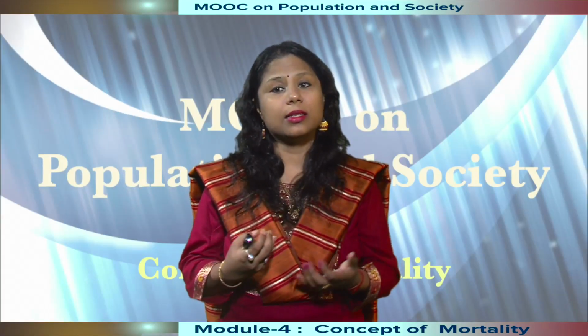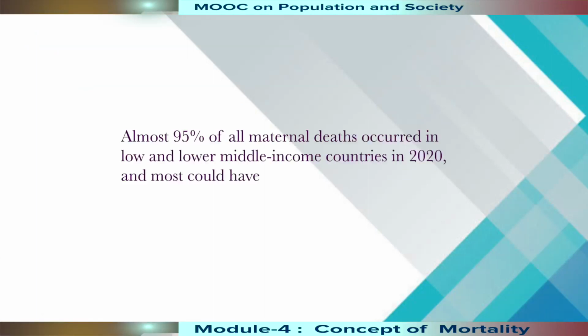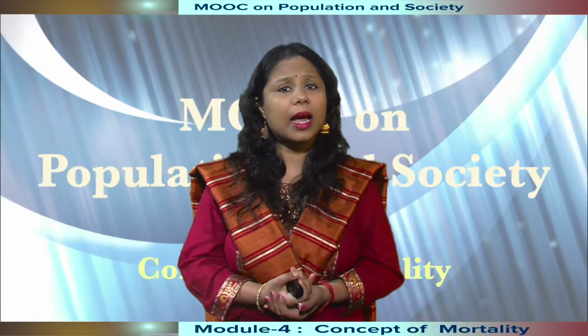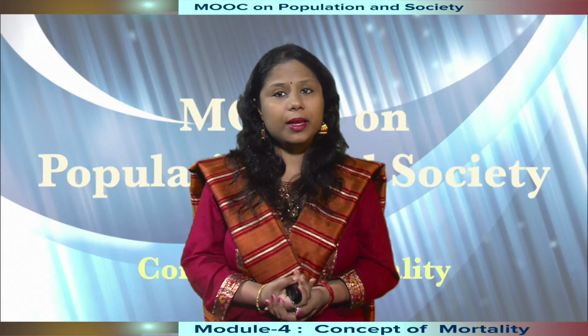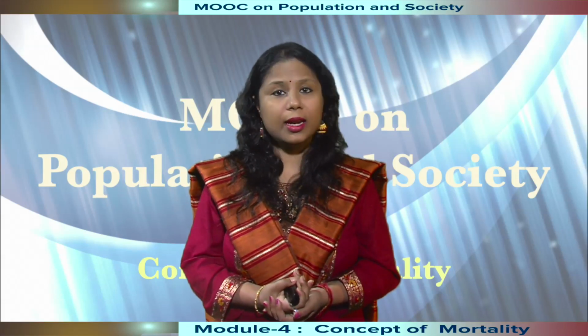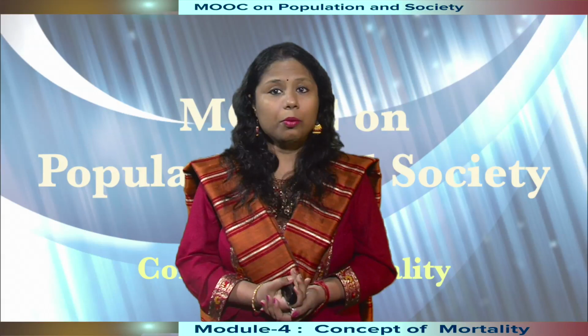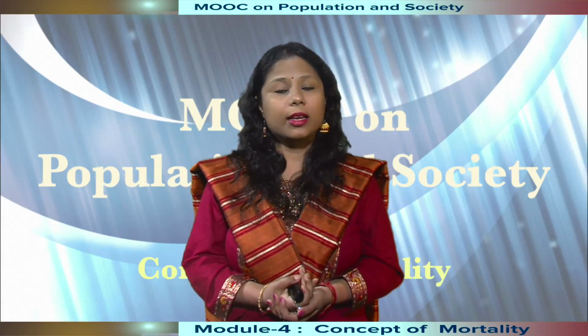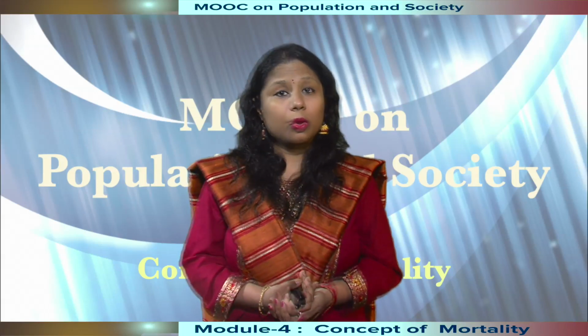WHO also states that 95% of all maternal deaths occurred in low and middle income countries in 2020, and most of these could have been prevented. Most women die as a result of complications during and following pregnancy and childbirth. Most of these complications develop during pregnancy.